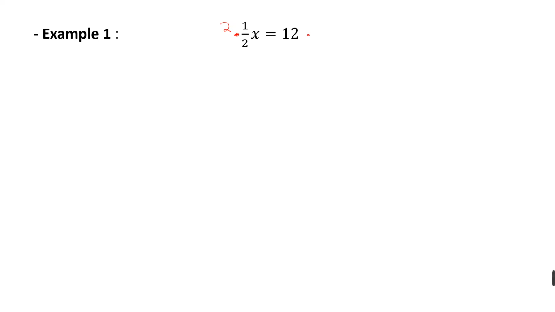I'm going to skip the part where I multiplied by 2 over 1, the full reciprocal, because I know that the ones won't affect the final answer. And I get x equals 24. So if you start to get more familiar with these equations, you can start to skip some steps as well.